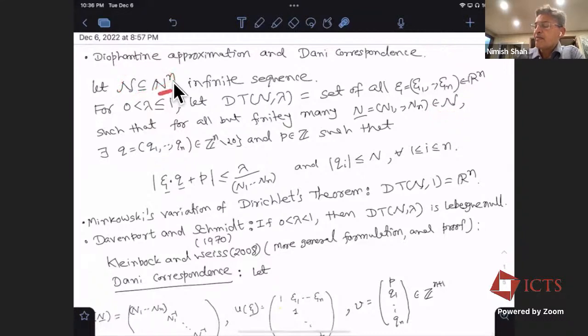I mean, you could take the entire N to the power n also, but I'm just saying that you choose a particular subsequence in N to the power n.